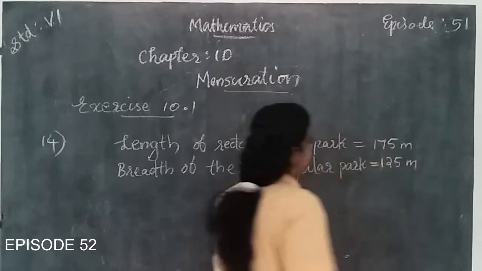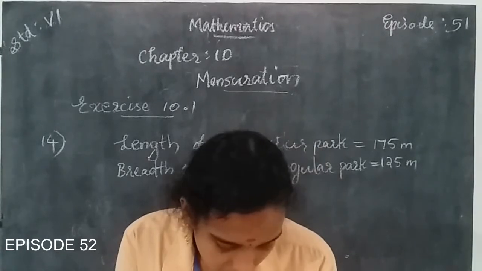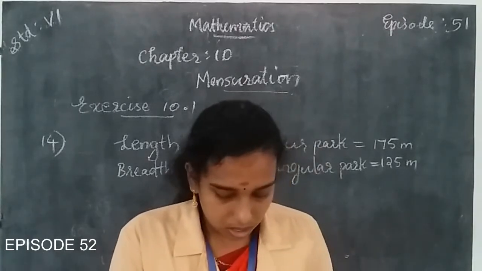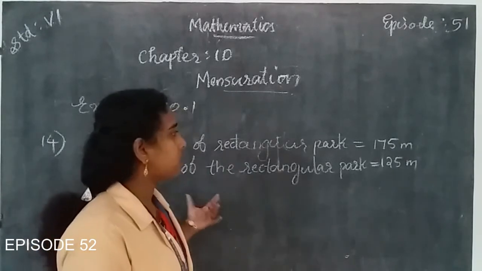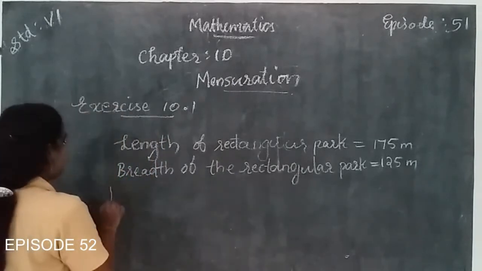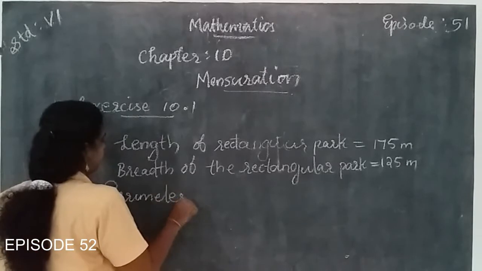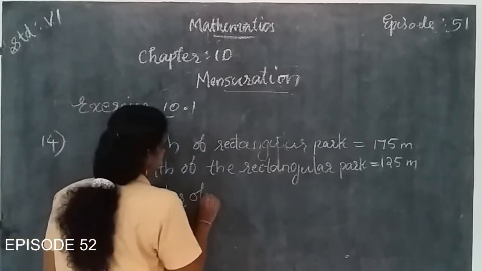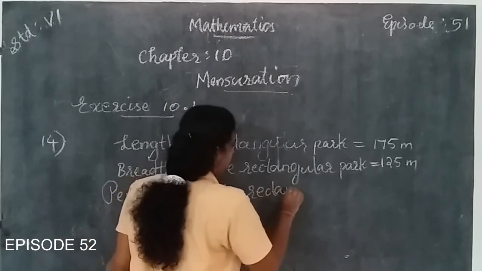The given cost rate is 12 rupees per meter. Here we want to find the perimeter of the given rectangular park. So the next step is the perimeter of the rectangular park.